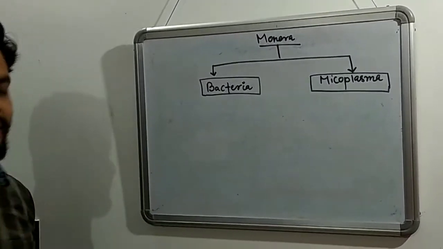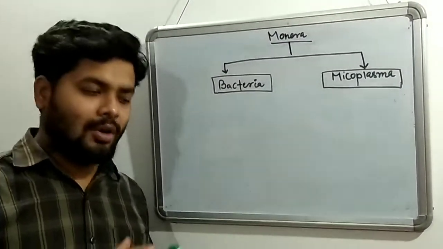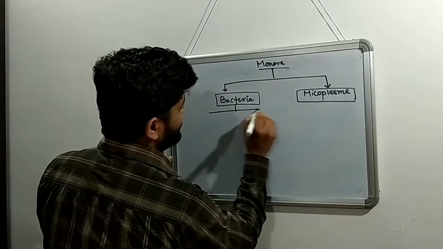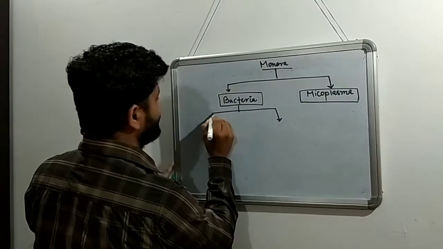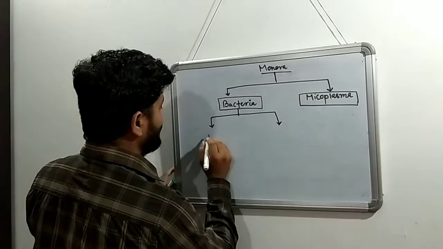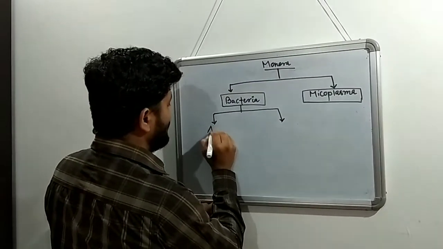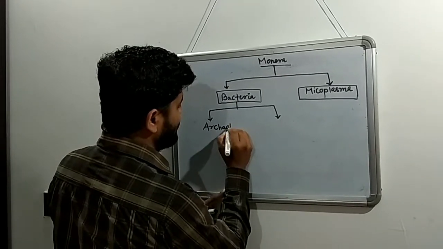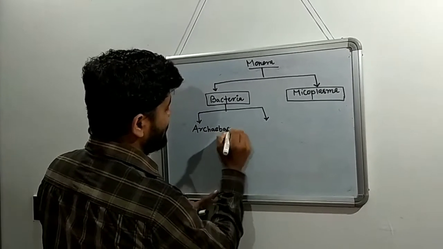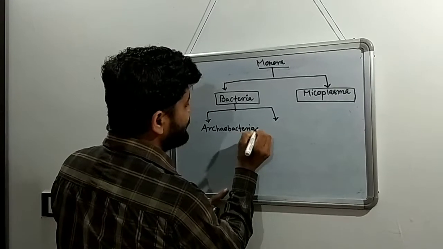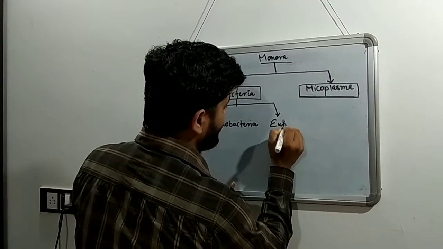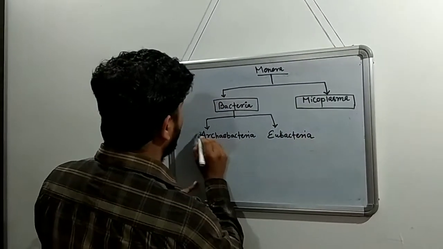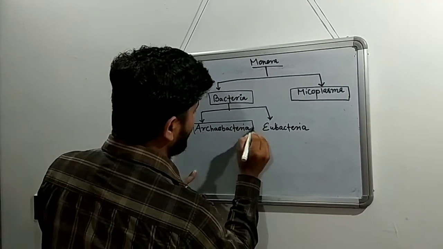Now, there are different types of bacteria. What are those? First of all, Archaebacteria and Eubacteria.